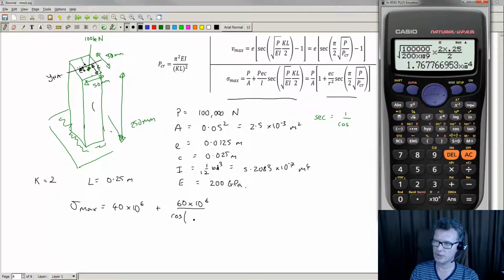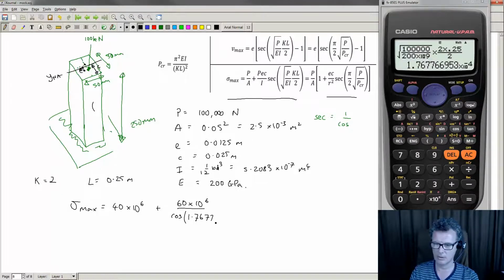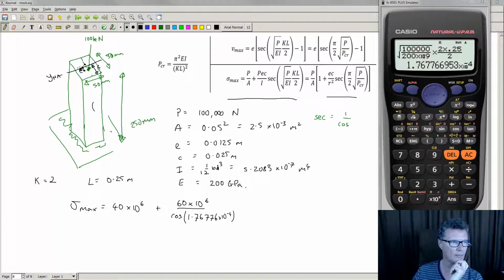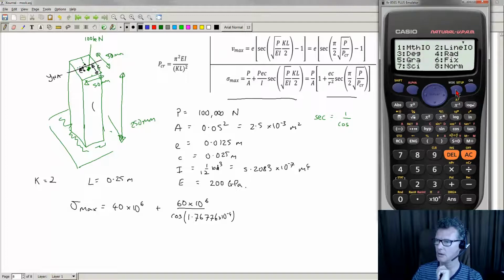Right, so that's not a big number. Okay, so now I need to put this into radians. So basically we've got 1 there.